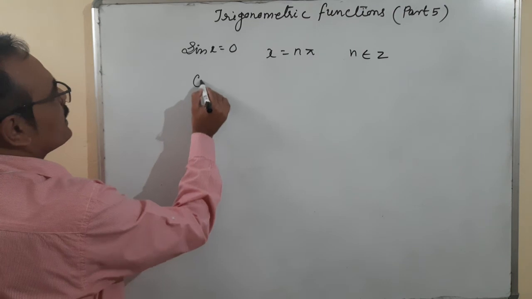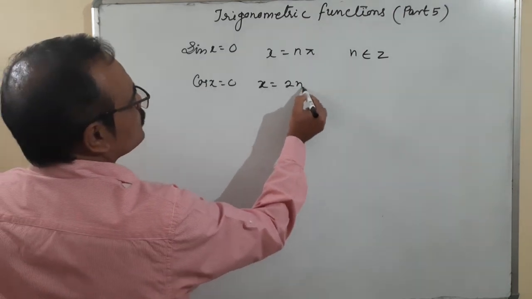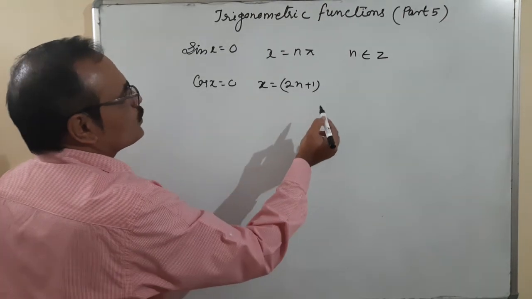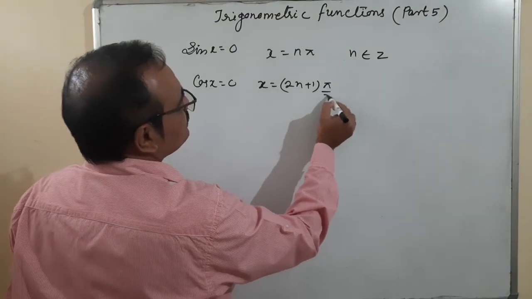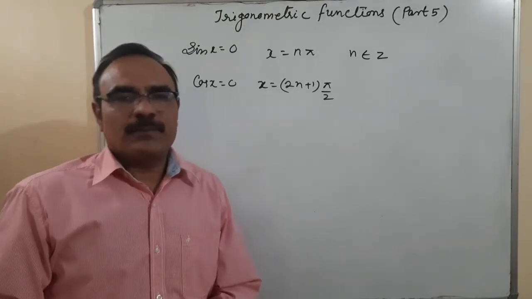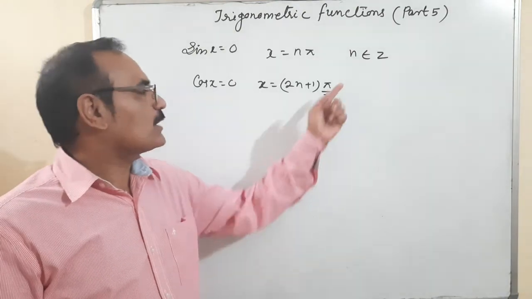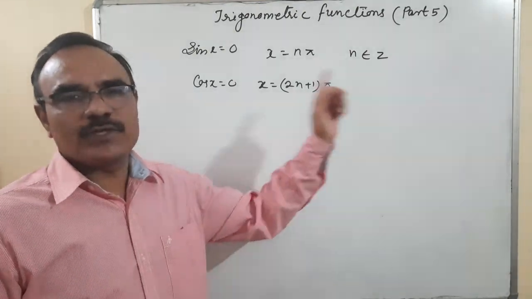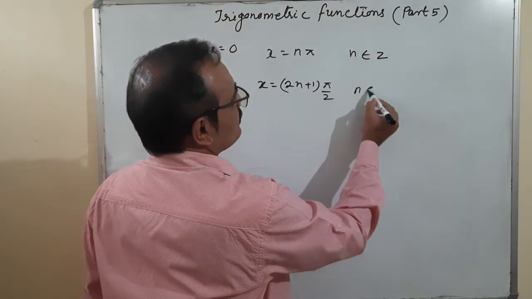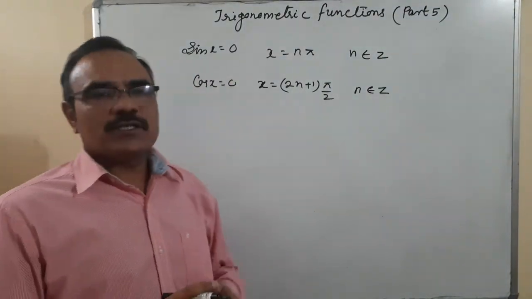Same as, if cos x is equal to 0, then x is equal to (2n plus 1) into pi by 2, because you know that cos 90 is equal to 0, so at pi by 2 it is 0, and n is equal to 0, 1, 2, 3, 4 and so on, so n belongs to integers. So these are the general solutions.